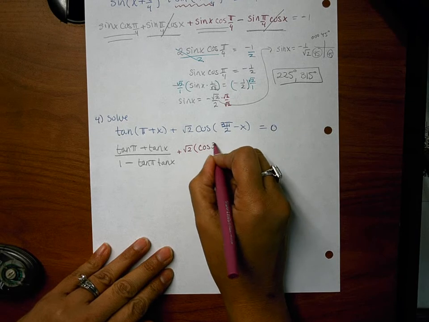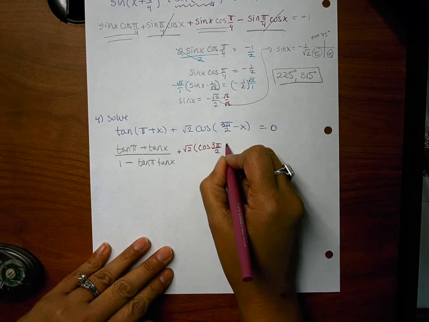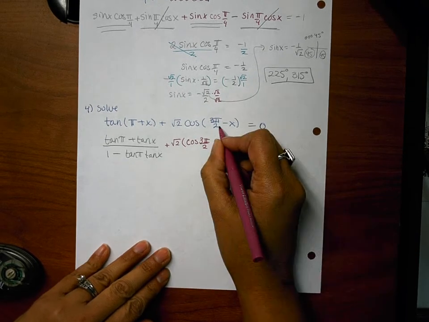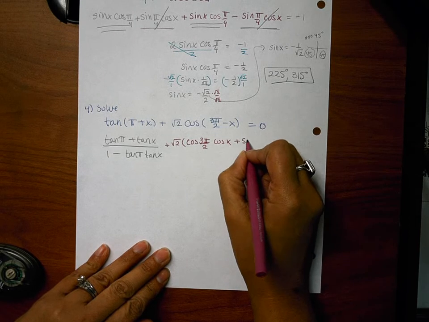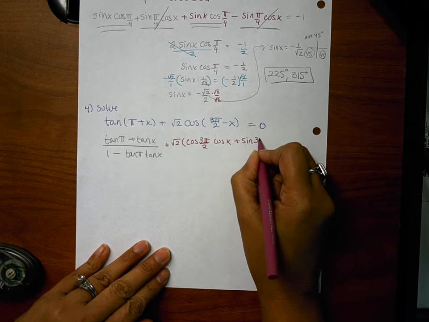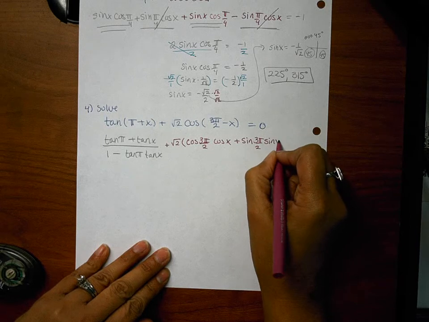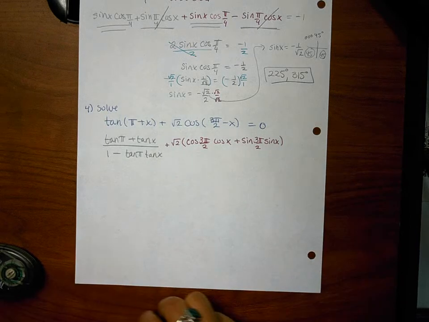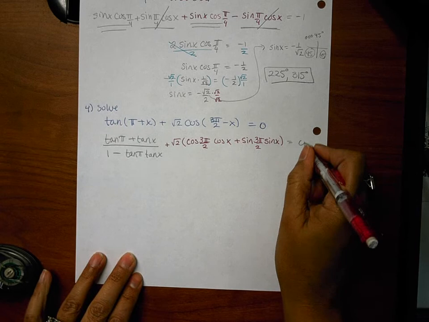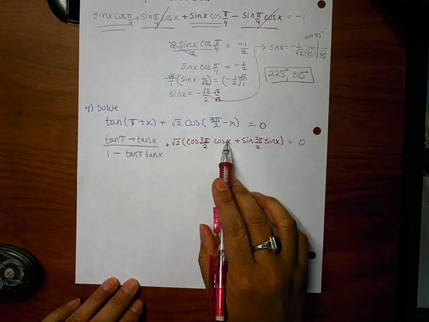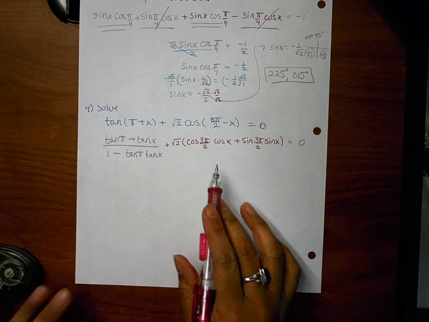That root 2 will have to be distributed inside. Okay, cosine is the snobby one, so cosine of 3 pi over 2 cosine of x, opposite sign, plus, and sine sticks together, sine of 3 pi over 2 sine of x. And the whole thing equals 0.